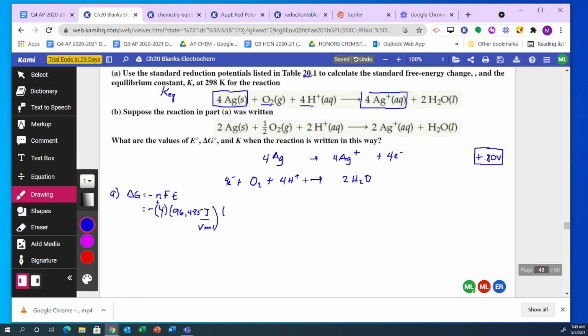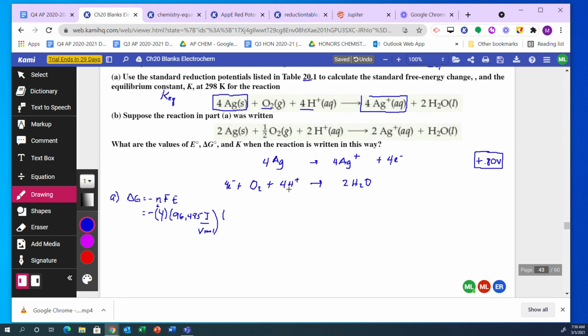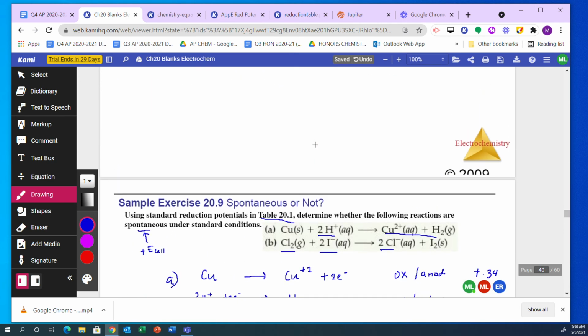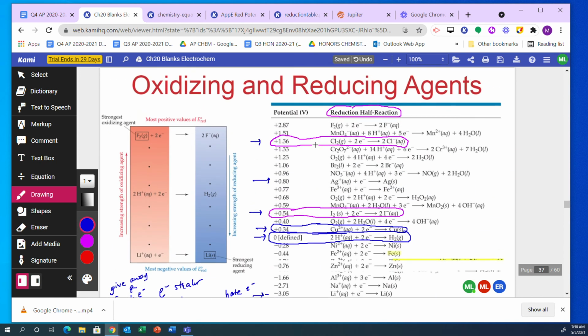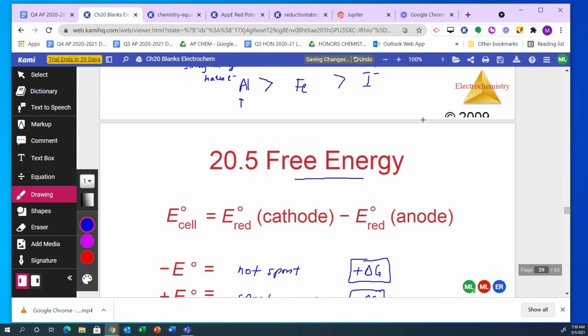And then this one looks like water with O2 and 4H pluses. Find that here. Here you go. No, that's H2O2 right here. As written, it's positive 1.23.